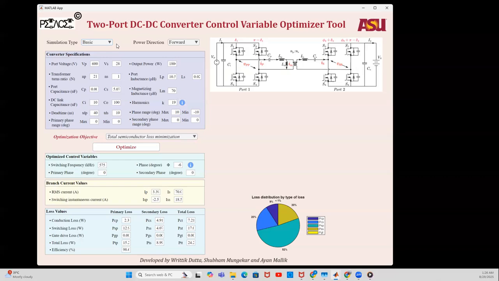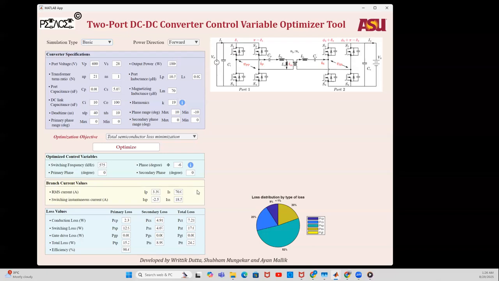Herein we just provide the basic requirements of the circuit, such as the voltages and the power requirements, the transformer turns ratios, the resonant tank parameters, and the ranges of the control variables. On the basis of that, for a given optimization objective, it calculates the optimized control variables, as well as the RMS current and switching instant values.